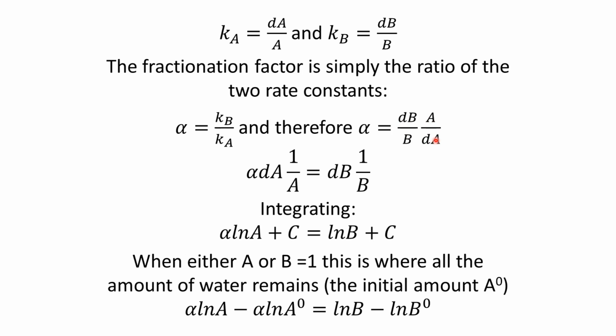We rearrange that equation, and then we can integrate that, because what we're actually interested in is not the rates of change of these different isotopes, but the amounts of each isotope at any one point, because if we can work out the ratio of those, we can work out the isotope ratio of the product or the reactant that's remaining at any one point.